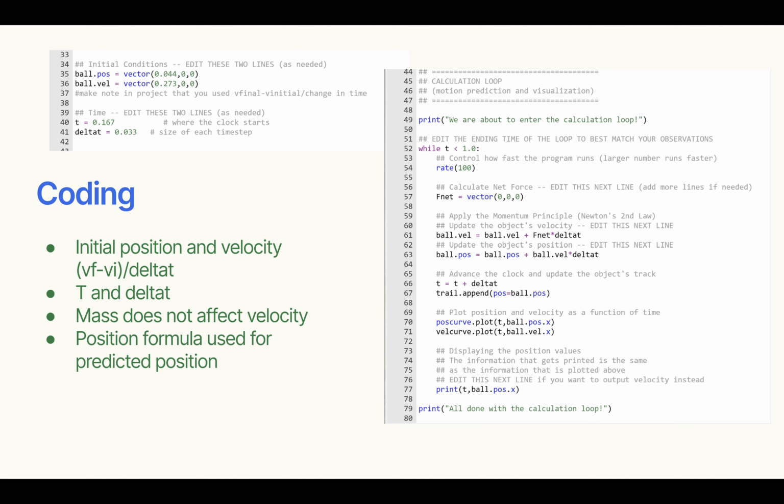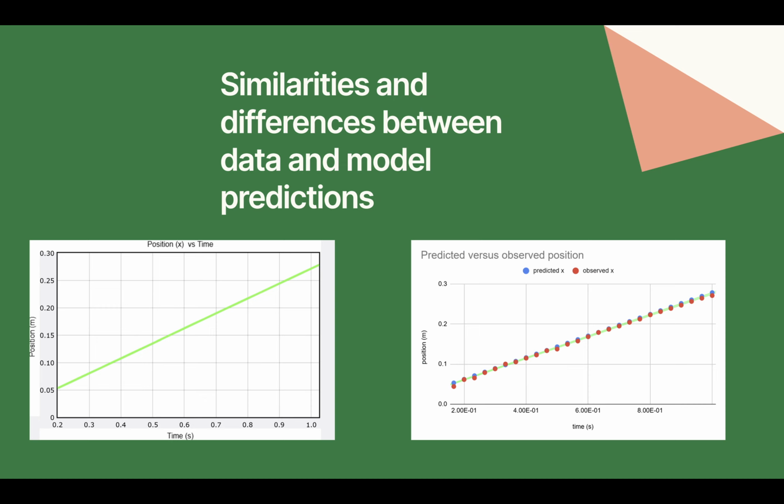We didn't update mass because it doesn't affect velocity. And then we use the position formula to predict the position, and so this can be seen in the while loop that we used in GlowScript.